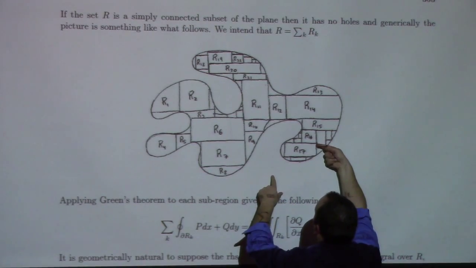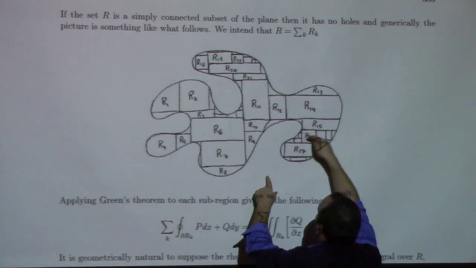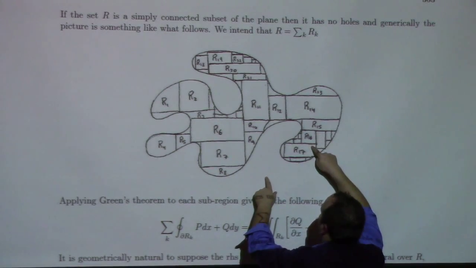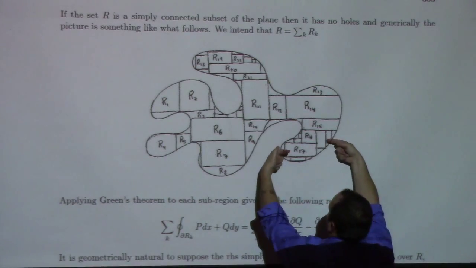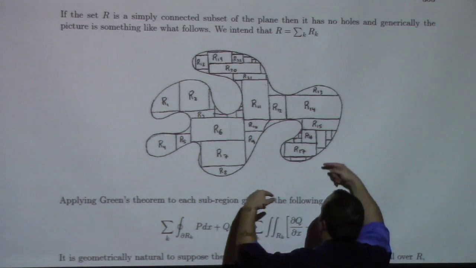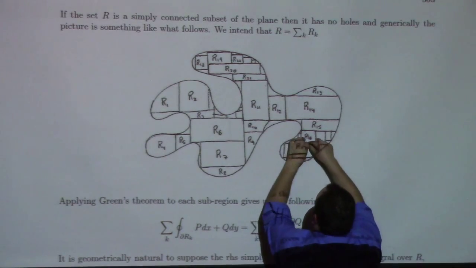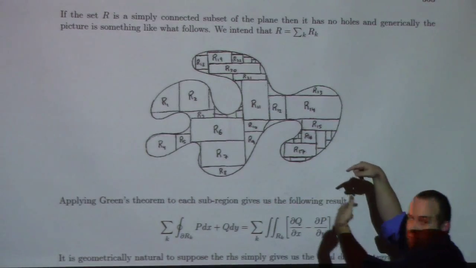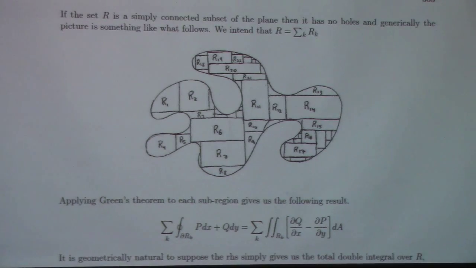So this upper edge of R17 goes from right to left. The lower edge of R16, which adjoins R17, goes from left to right. It's the same geometric thing, just the reversal. So all of the edges are reversals of one another wherever they meet.